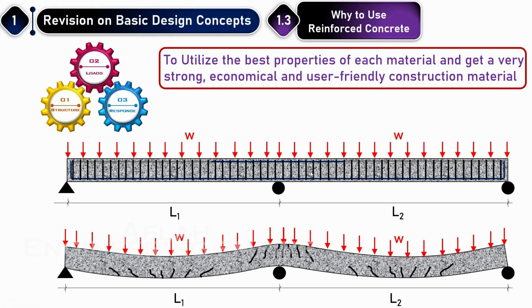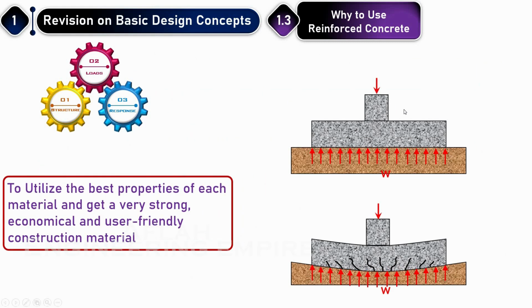Again, finally, if we come to the footing, we said that punching will occur. Punching will be resisted by providing appropriate thickness, and the flexure will be resisted by providing reinforcement around the tensile zone. So this is basically how structures respond to load.